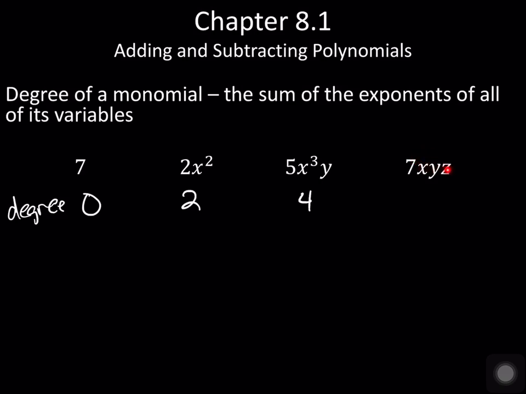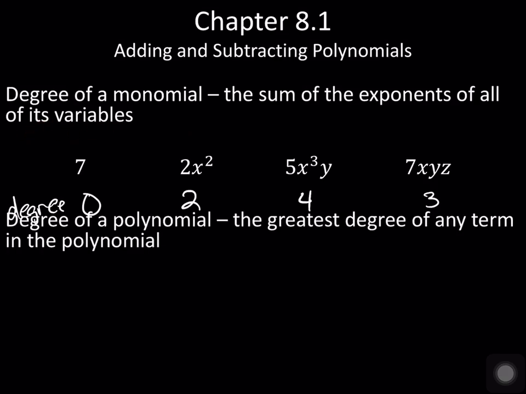And then 1 plus 1 plus 1, this monomial has a degree of 3. So being able to identify and recognize the degree of a monomial, that's going to come into play here. We need to be able to do that. And again, the sum of the exponents, specifically of the variables.